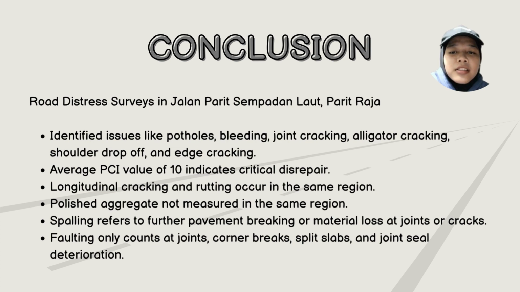Faulting is only counted at joints, corner break, split slab, and joint seal deterioration. Shrinkage cracks are not counted if the slab is broken into 4 or more parts. That's all for us. Thank you.